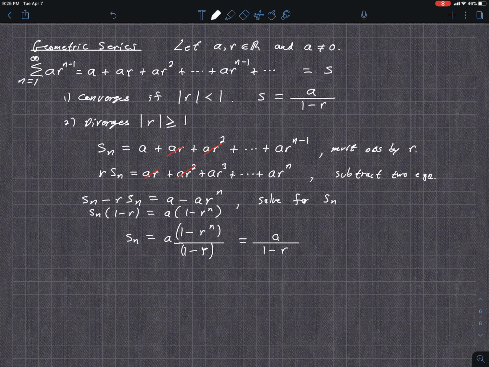We could break this up a bit if you wanted to and write this as a over 1 minus r minus ar to the n over 1 minus r.